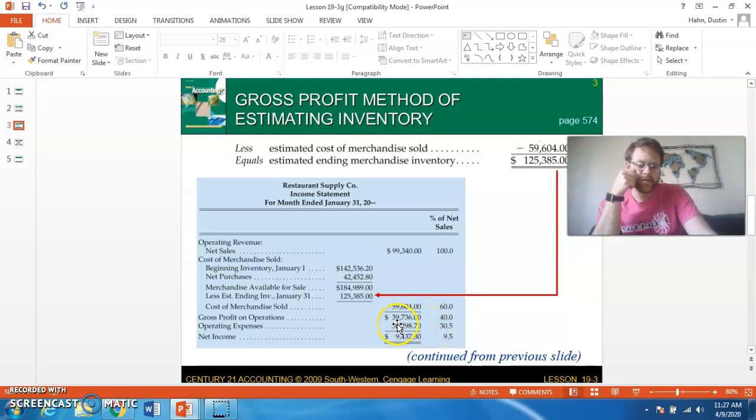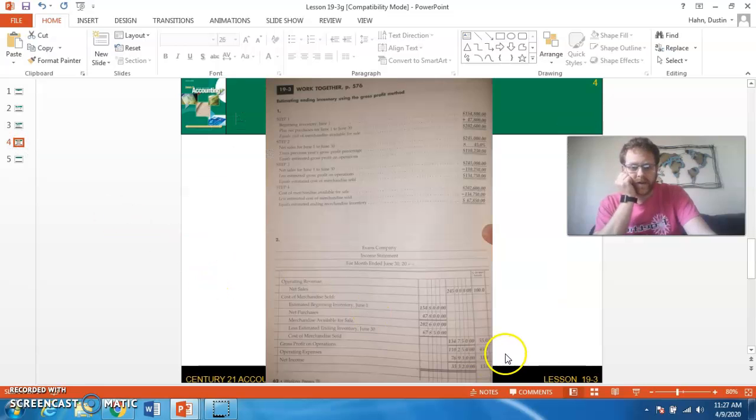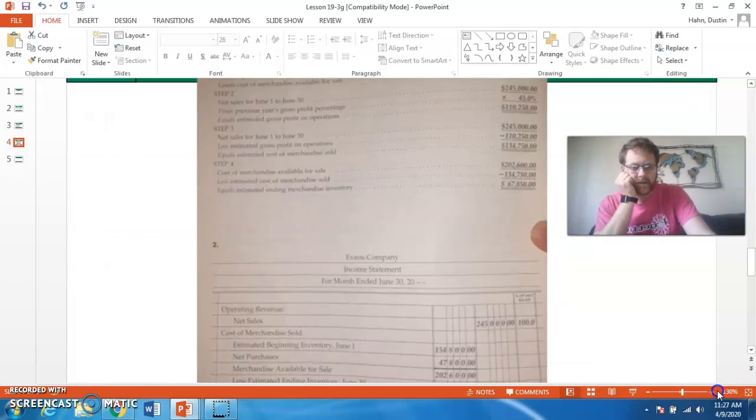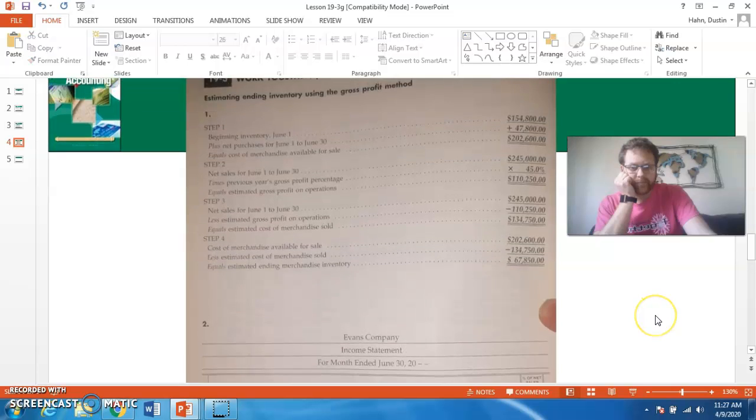To get this one, 39,736 divided by 99,340 equals 40%, and so forth. So you take these numbers divided by the net sales to get these percentages. But I want to walk you through the work together right now, just so you can make more sense of it.